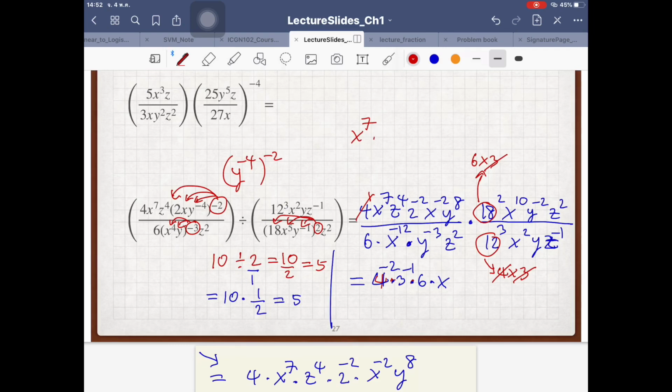You have x to the power 7, x to the power 10, and then when you flip this term upside down, you need to get the power which is the opposite to the original power. The original power is minus 12, so the new power needs to be negative of minus 12, so you get plus 12. And then the last term you have x to the power minus 2.